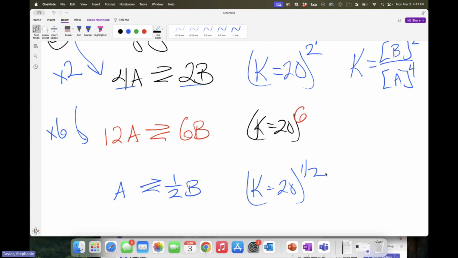I can do that too. So keep in mind, it works for multiplication, and it works for division, but division here is really going to be multiplying by 1/2 or multiplying by 1/3. But I can also use fractional exponents to do that.